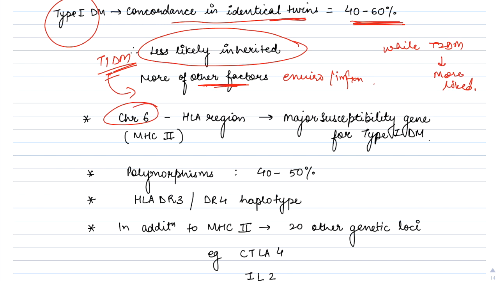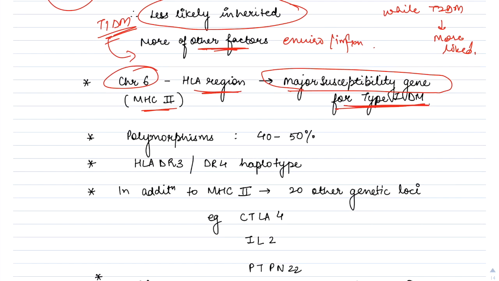On chromosome 6, the HLA region or the MHC2 region is the major susceptibility gene for type 1 diabetes. Polymorphisms in the HLA region are present in 40 to 50% of patients with type 1 diabetes.